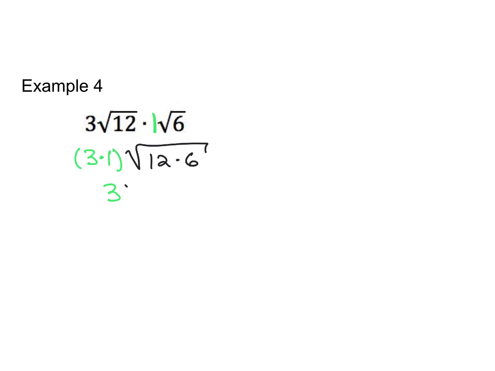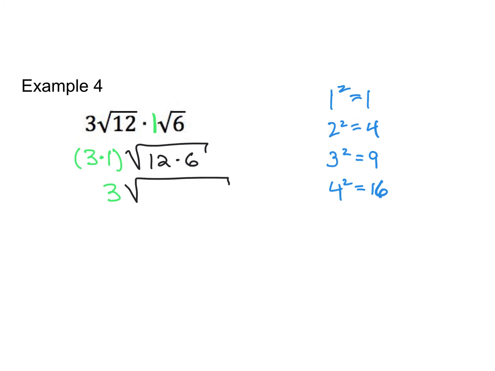We have square root, and let's factor 12 and 6. I want to take out a number that's on the perfect squares list. So 1 squared is 1, 2 squared is 4, 3 squared is 9, 4 squared is 16.